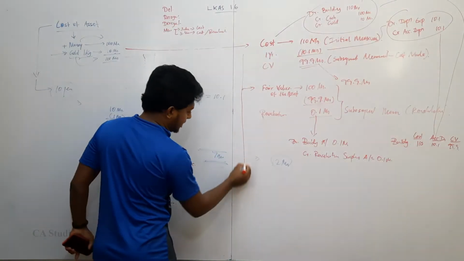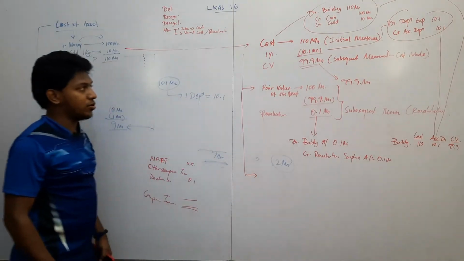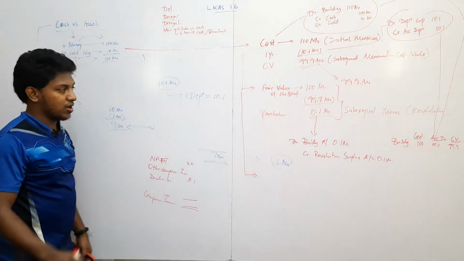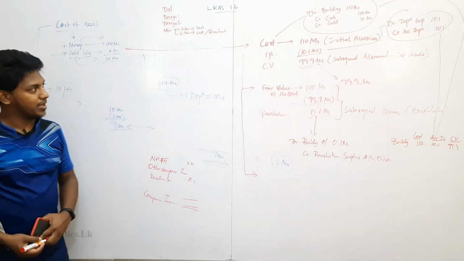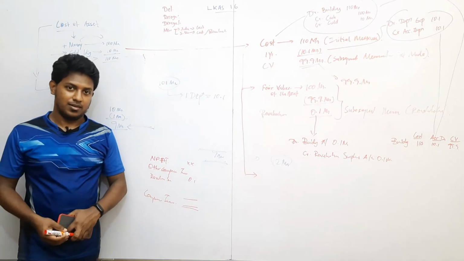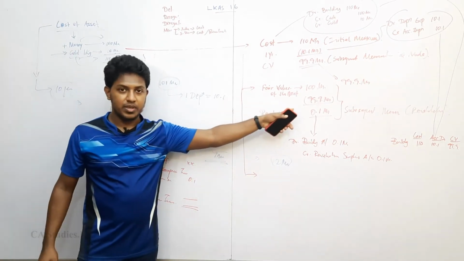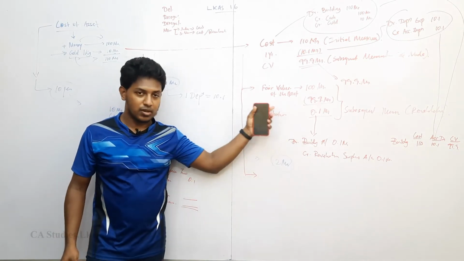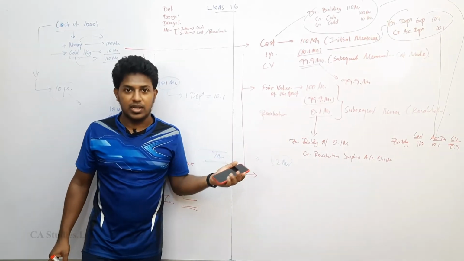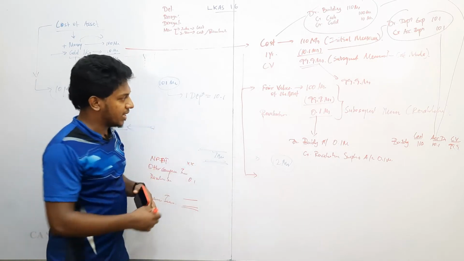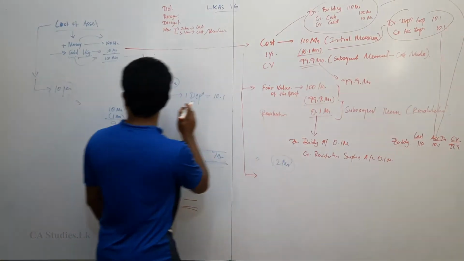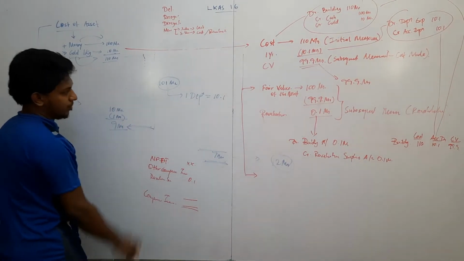Now next year again we have to charge depreciation. What is the depreciation charge now? Is it 10.1 million? When revaluation is done, the residual value, this question doesn't talk about the residual value. I didn't say the residual value changed. Again we assume the residual value is the same amount, 9 million, right?